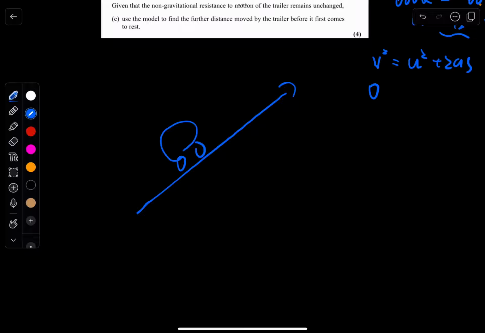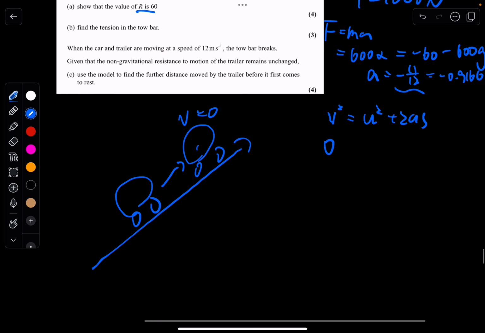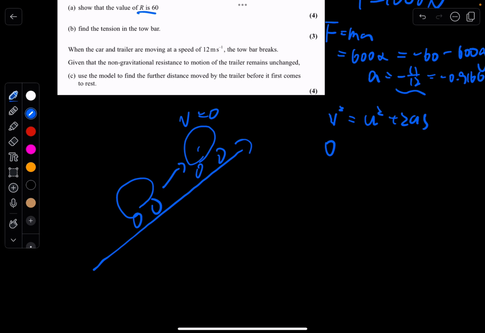The trailer has a bit of motion upwards, and the furthest it can arrive at, at this point, must be v equals 0. If v is larger than 0, it can move a little bit upwards. If v is less than 0, that means it's going downwards.